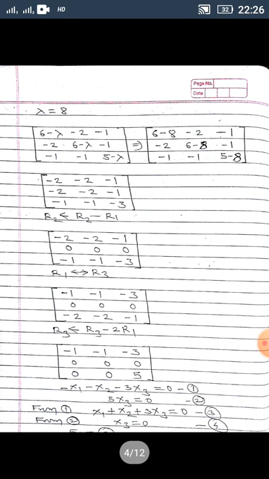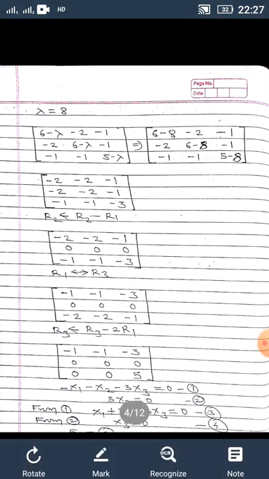For lambda equal to 8, we substitute lambda equal to 8 there. Now the matrix comes: 6 minus 8 is minus 2, minus 2, 6 minus 8 is minus 2, 5 minus 8 is minus 3. All the off-diagonal elements are as they are. Now we perform the operations. R2 minus R1, we get 0 0 0 as a row. We interchange R1 and R3 to get a unit element in the first row.